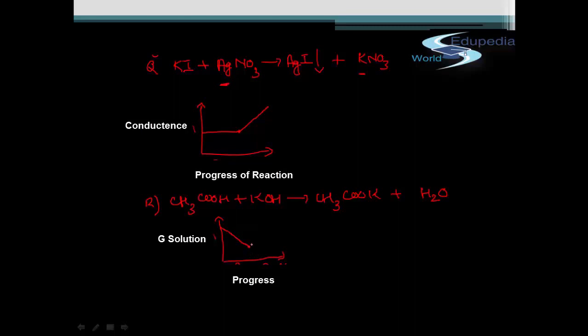Once we reach the end point, there will be a sufficient amount of CH3COOK present in the solution, and in the presence of CH3COO minus, due to the common ion effect, the dissociation of this weak acid, that is CH3COOH, is going to be very less. So there will be no considerable increase in the number of ions, and hence after the end point the conductance becomes constant. So this is going to be the graph in case of option R.